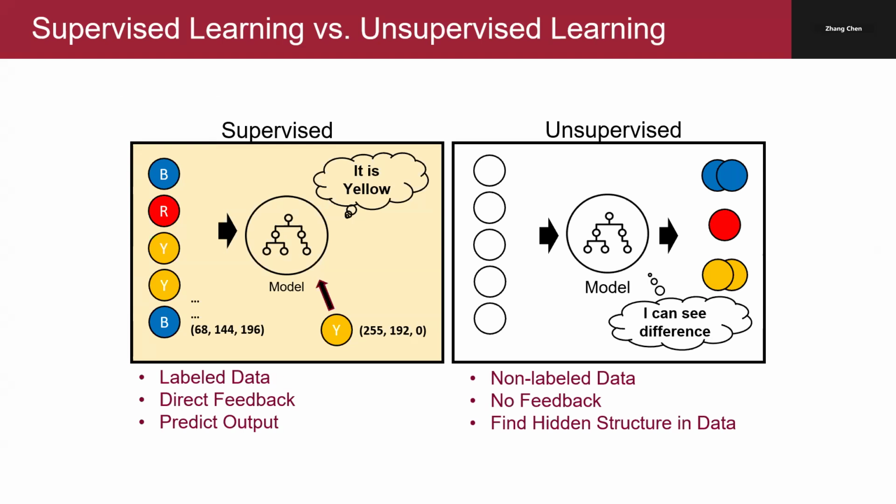During training, the model receives direct feedback and learns from the predicted output, such as classifying colors or predicting values, for example. On the right is the unsupervised learning. The data has no labels at all, so the model does not receive direct feedback. Instead, it tries to discover patterns or structure by itself.